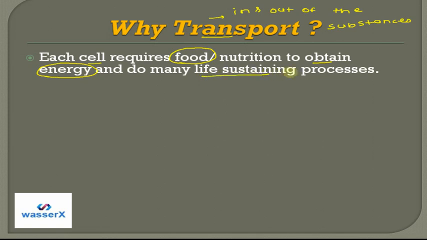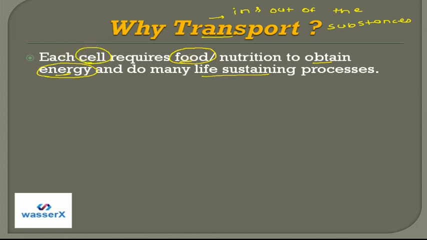Now, when I say that I want to run, or I want to go out, or use my mobile phone, anything, for all these things I require energy, and this energy comes from the food that we eat, and the food gets processed at the cellular level.